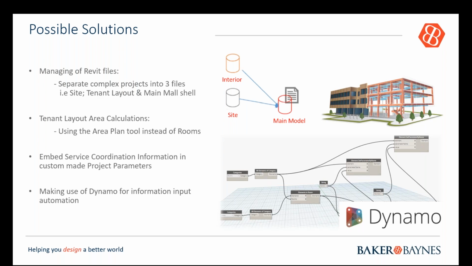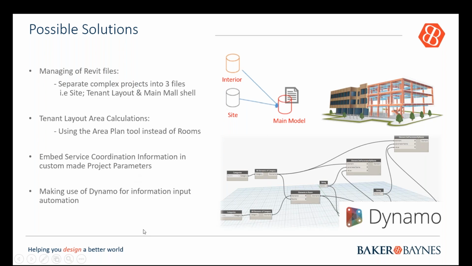So we thought about even embedding service coordination information into those areas, made by custom project parameters that we will set up, and I'll show you guys in Revit what has been set up and how we've done it, to create a schedule thereafter of what services are maybe outstanding and how you could track that information.